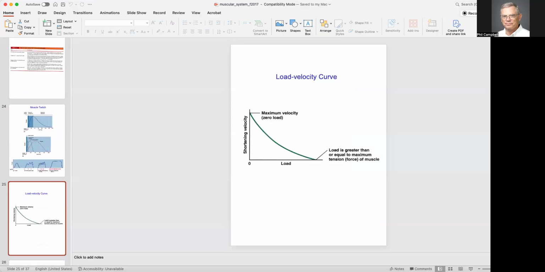Now, a couple of things. This is referred to as a load velocity curve. I think I've emphasized through the introductory lectures, and I use the example of my biceps. I'm going to induce contraction of my biceps. If I can induce a sufficient contractile force to overcome the load resistance of my forearm, what happens?